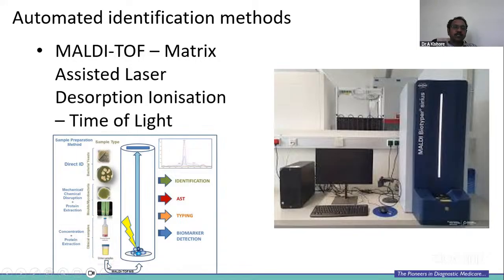Through the mass spectrometric method, it identifies the organism by giving genus and species name. It can also do antibiotic susceptibility testing, further serotyping, and even detect biomarkers. This is the latest automated method, and it costs a lot.